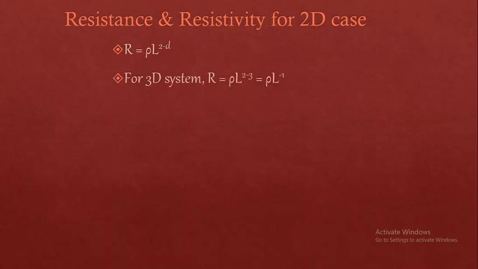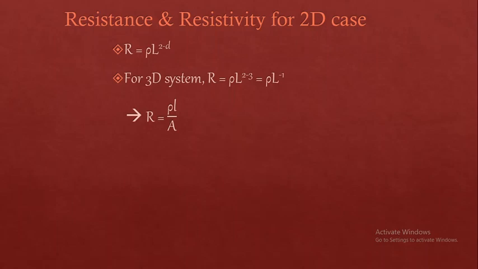If you consider a three-dimensional system, then in place of D we put the degrees of freedom for a three-dimensional system, which is 3. So 2 minus 3 will be equal to minus 1. That's why, based on this, we have the formula R equals rho L by A. Whenever we ask the relation between resistance and resistivity, this formula comes to our mind. But is it applicable for all systems?